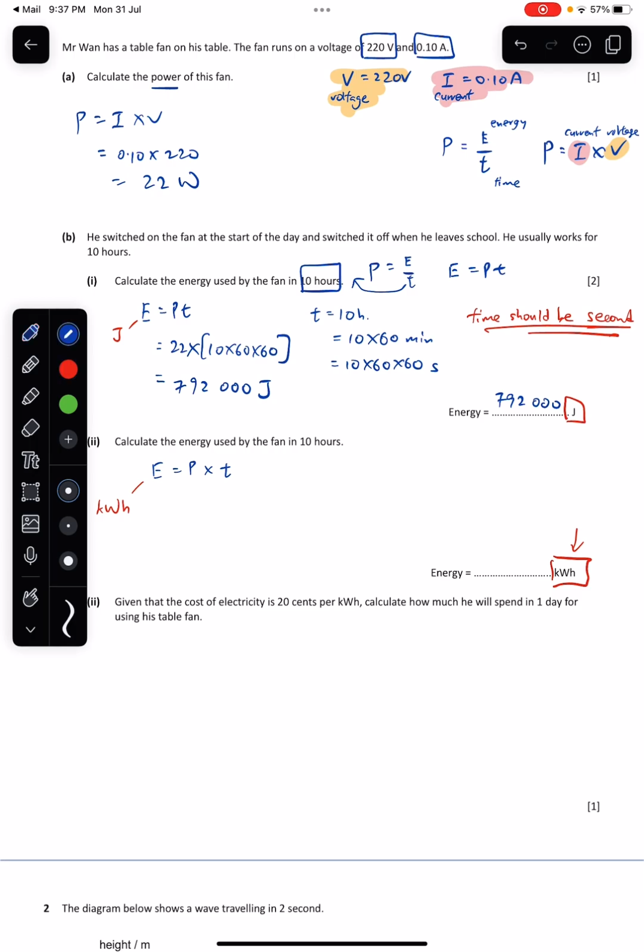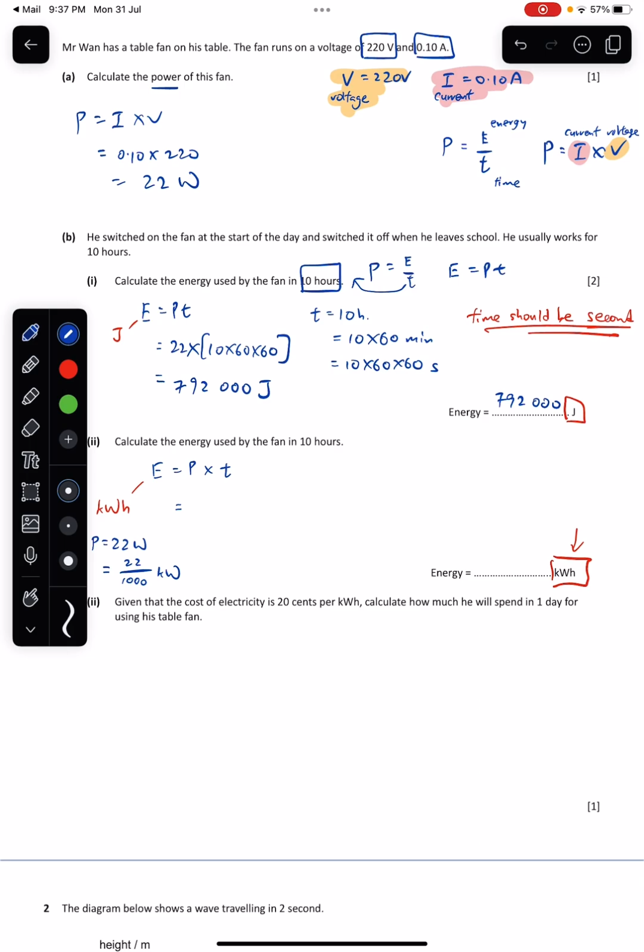Then you see for yourself, is my power kilowatt? No, right? You realize your power is 22 watt. How to change watt to kilowatt? So it is 22 over 1000 kilowatt.